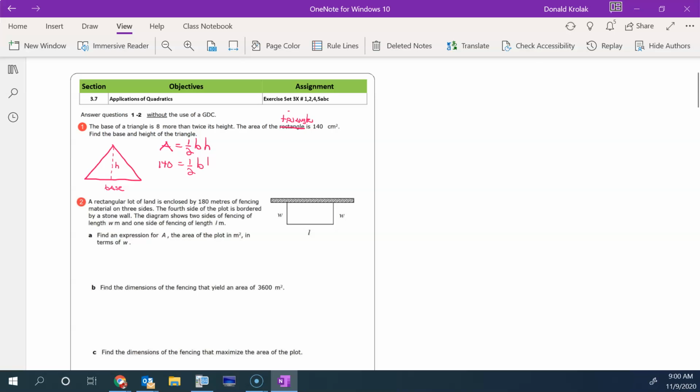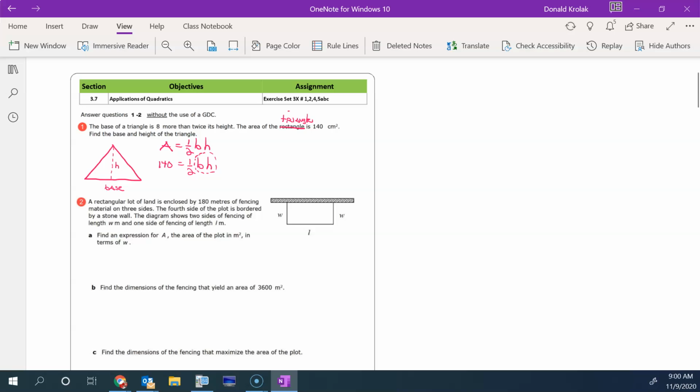And then I got base and height. But the problem is I got two different variables in there. Okay, so I can't solve this until I get either both of these as H's or both of them as B's.